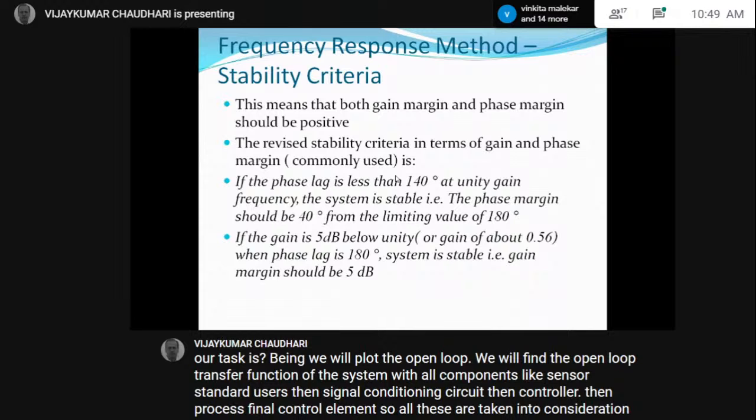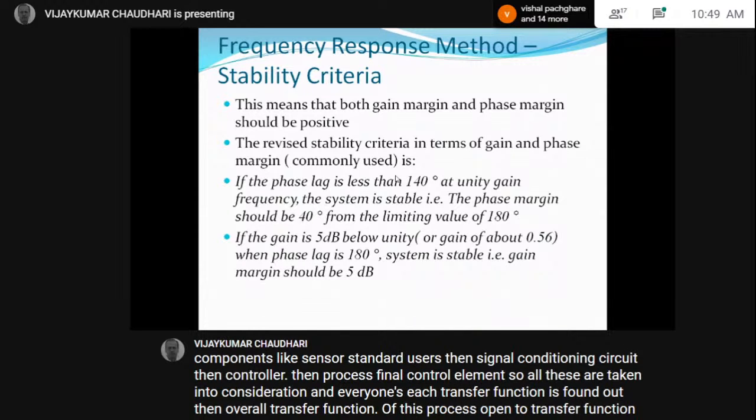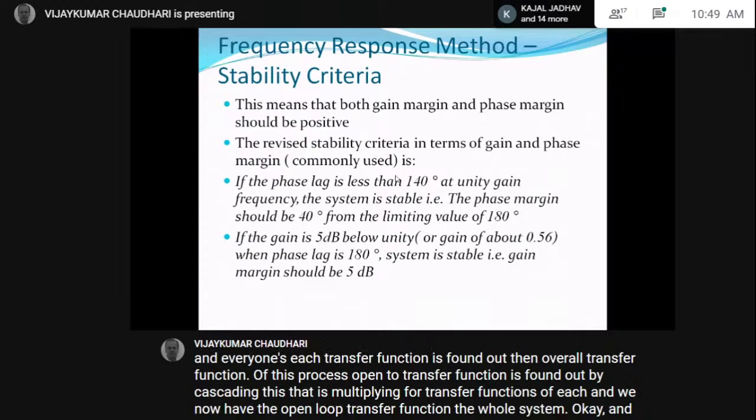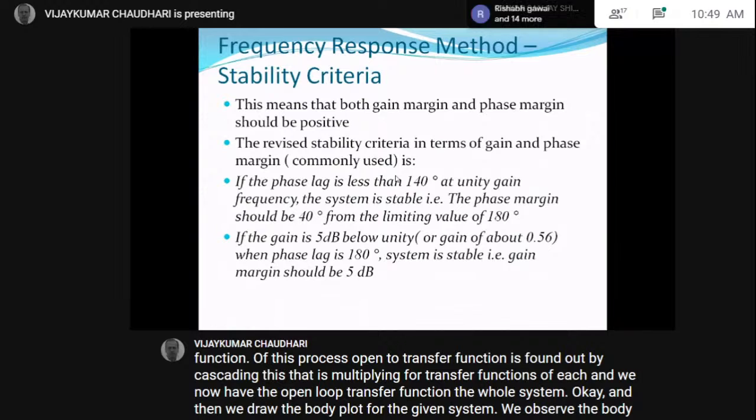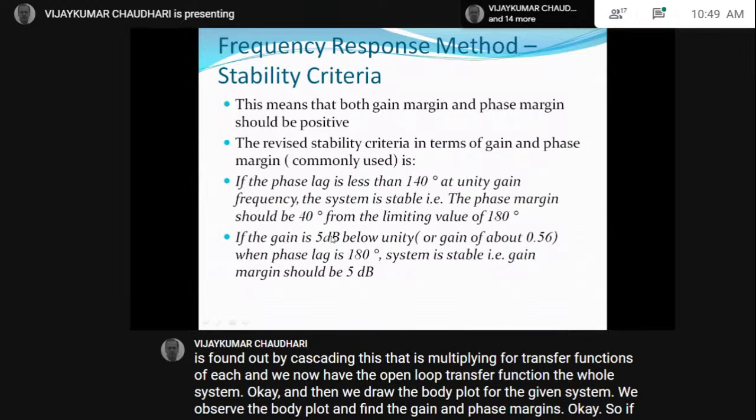Then the overall open loop transfer function is found by cascading, that is multiplying the transfer functions of each, and we now have the open loop transfer function of the whole system. Then we draw the Bode plot for the given system, observe it and find the gain and phase margins. If those gain and phase margins satisfy these criteria, 5 dB and 40 degrees, then the system is stable.